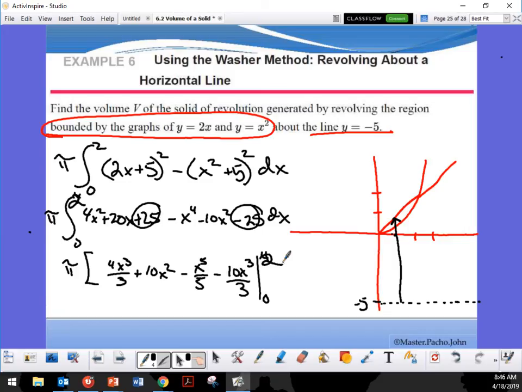I got 88 over 5. 88 pi over 5. I got this is 64 right, over... You got that? Yeah. Let me double check real quick before I say he's wrong. Yeah, it's 88 pi over 5.